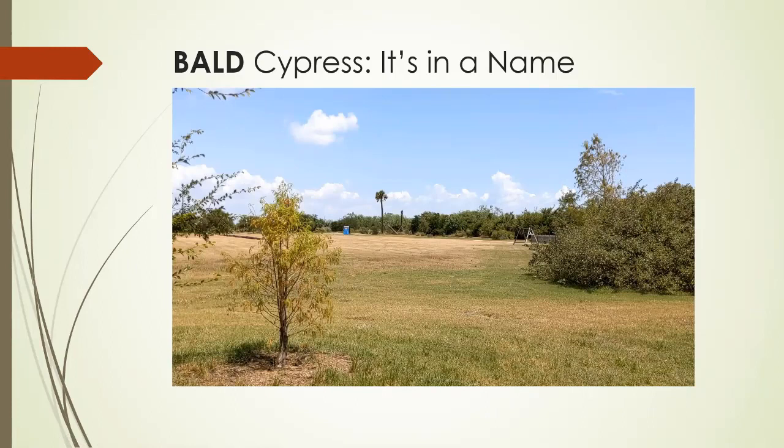So this is the bald cypress and there's one in the front here and one in the back here. And in my hometown in Pennsylvania, we had a problem with people getting larch trees. They're also known as tamaracks.